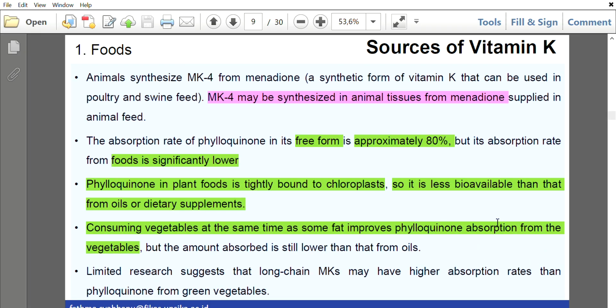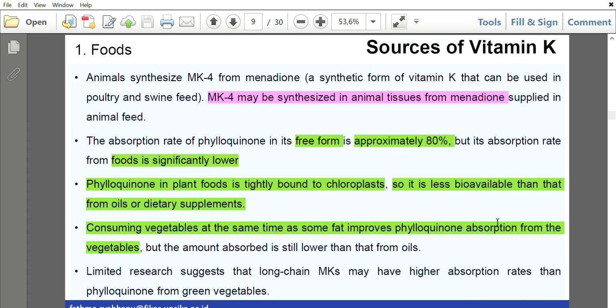Animals synthesize MK4 from menadione. Menadione is a synthetic form of vitamin K that can be used in poultry and swine feed. MK4 may be synthesized in animal tissues from menadione supplied in animal feed.